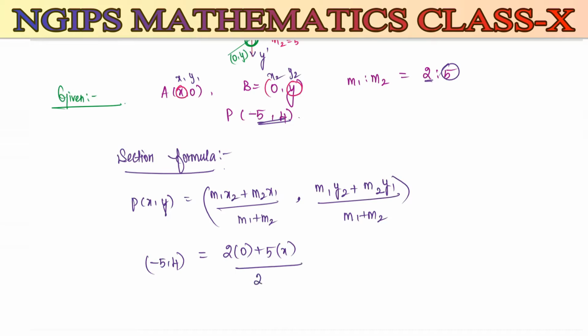So 2 plus 5 comma M1 value it is 2, y2 value it is y plus M2 value we have here it is 5, y1 value it is 0 divided by 2 plus 5. This it is M1 plus M2.